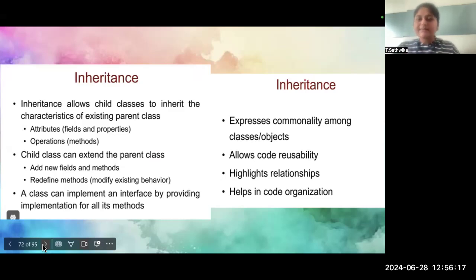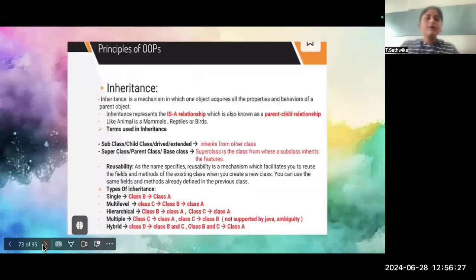And inheritance expresses commonality among the objects and classes, and it allows code reusability, it highlights the relationships, and it helps in code organization. And it is a mechanism in which one object acquires all the properties and behaviors of a parent object. Inheritance represents the is-a relationship, which is also known as a parent-child relationship. Like animal, it is mammals, reptiles, or birds.